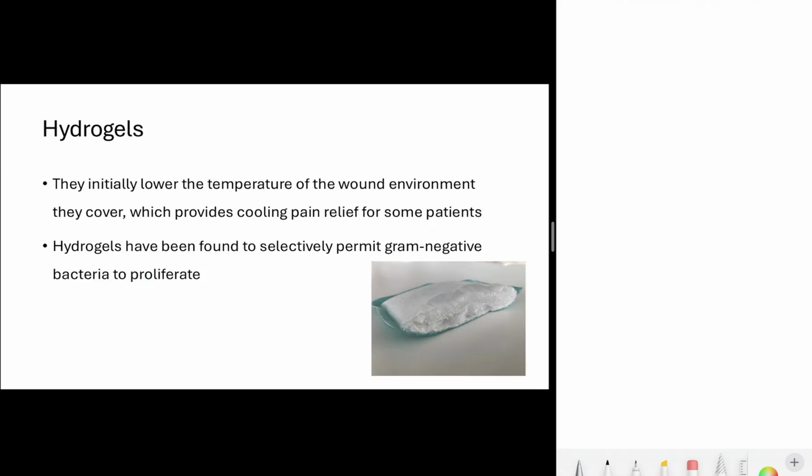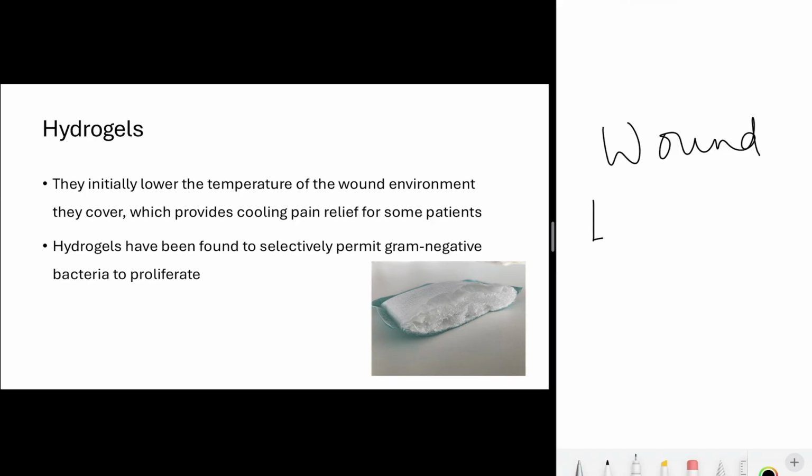Now coming to hydrogels. Hydrogels are a matrix of various types of synthetic polymers that are usually sandwiched between two sheets of removable film. There is an inner layer which is placed against the wound and an outer layer that can be removed to make the dressing permeable to fluid.